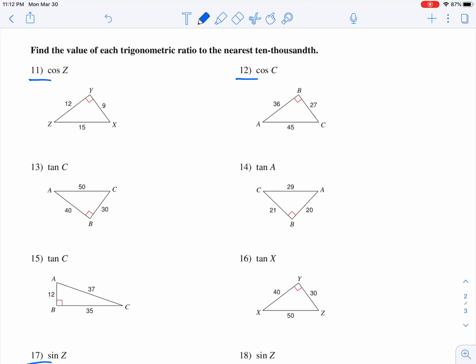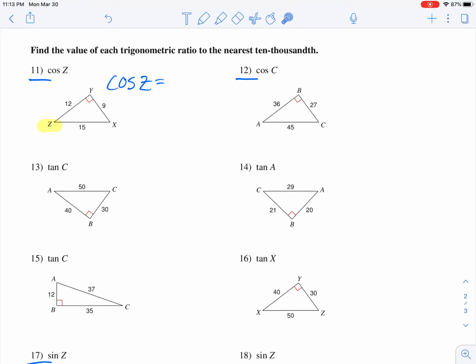These next problems are calculator problems. We're first going to have to identify the angle. Number 11 is asking us to find the cosine of Z. So remember, cosine deals with the adjacent side over the hypotenuse.